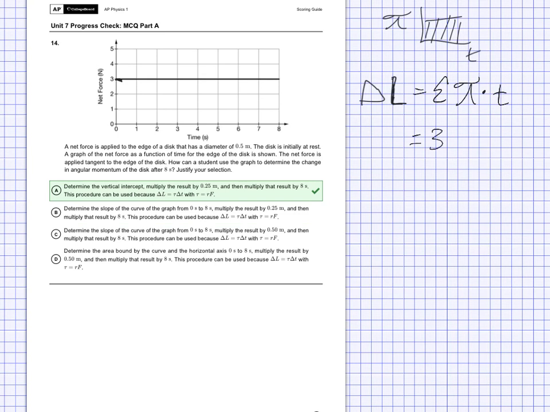I take 3 newtons times the radius of 0.25 meters, they give us the diameter, so we have to do a little math there. That value is the net torque. If I multiply that by 8 seconds, I'm going to have the exact value of the change in L, or the change in angular momentum.